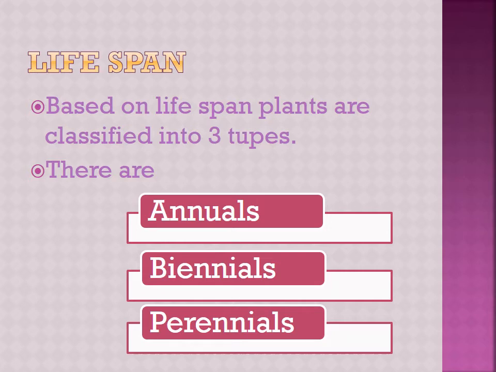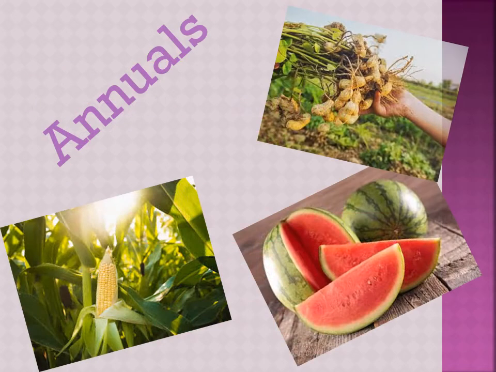Based on lifespan, plants are classified into three types: annual, biennial and perennial. Annual plants live only one year, while perennial plants live many years. Can you understand these points? Look at this picture carefully. These are some examples of annual plants: watermelon, groundnut, rice.